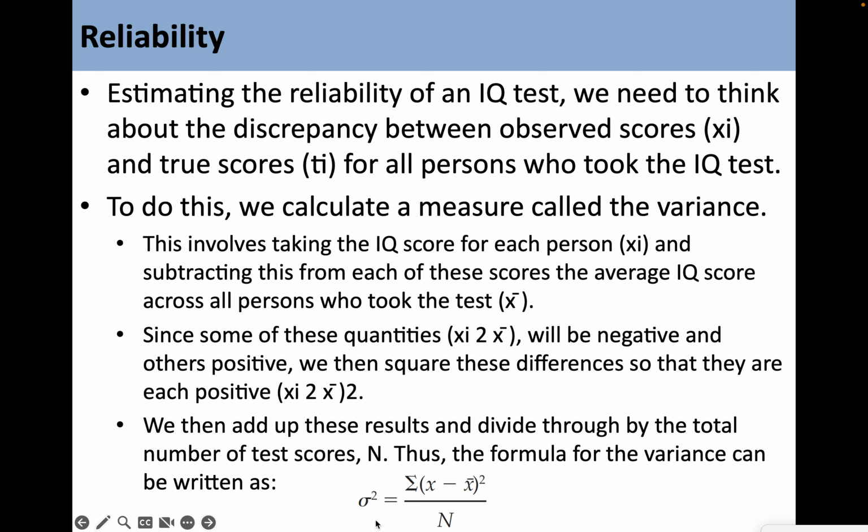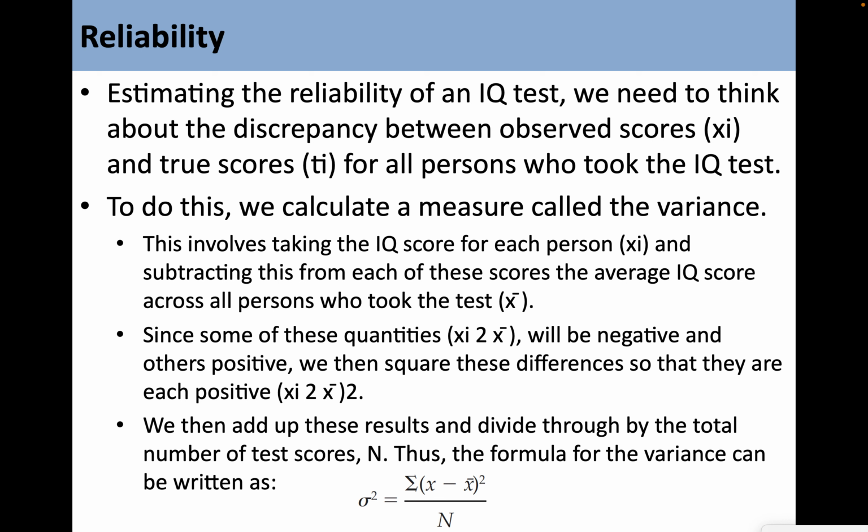But the reality is, so what are we doing? We're taking the average score and subtracting our score from it. So if the average is 120 and the IQ score is 135, we subtract the 135 from 120 and we get minus 15. And then we square it, so it's 15 times 15.